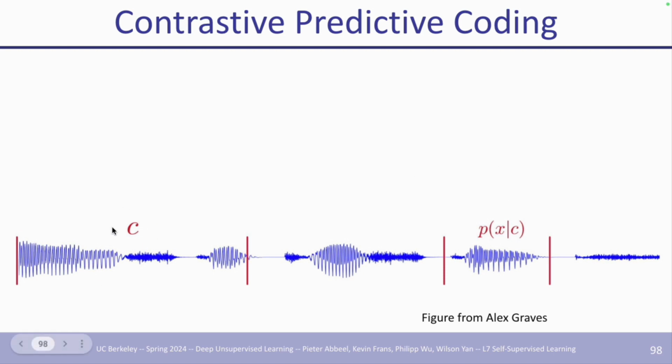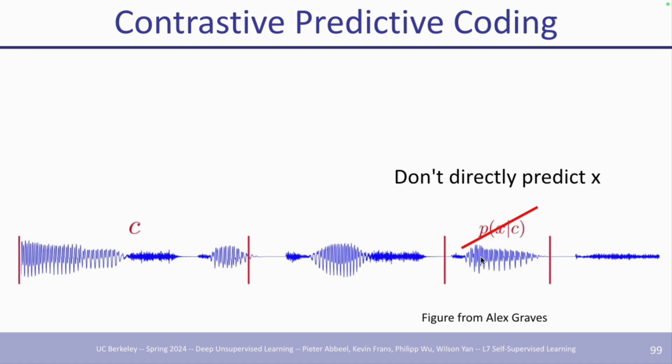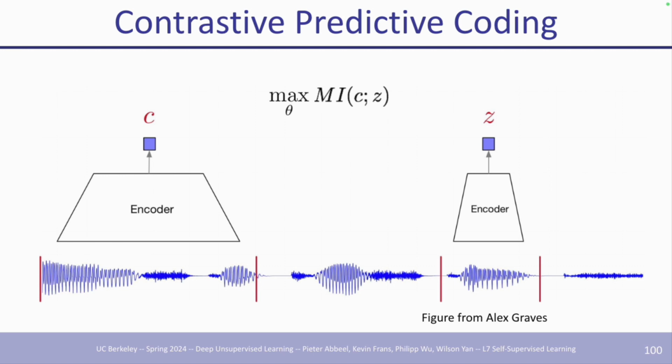What we have over here is some context of the audio C and some future chunk of this audio X. What we've seen before with the reconstruction type objectives is that we might want to try to predict X from C. But in this contrastive approach, we don't actually directly predict X. Instead, we'll try to predict some representation of X. The formulation that they motivate is we want to maximize the mutual information between the context C as well as what we're trying to predict in the future.